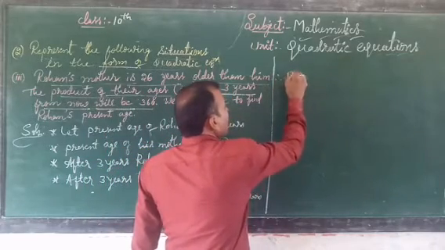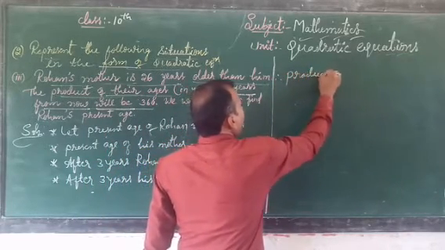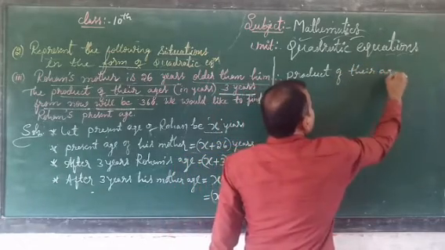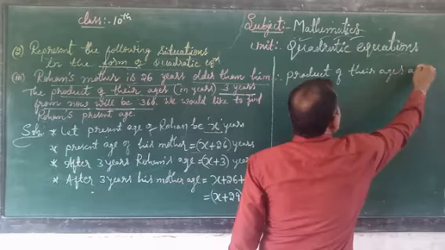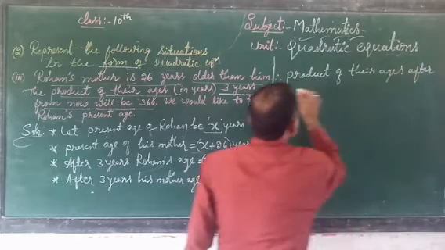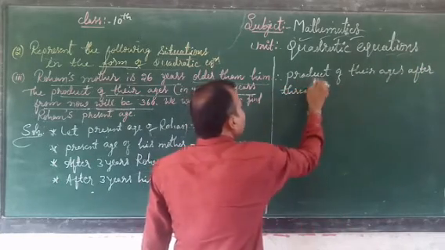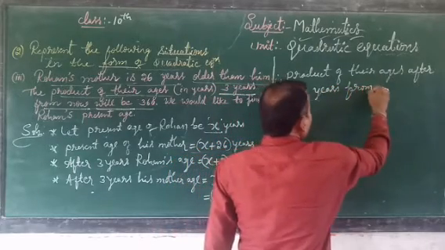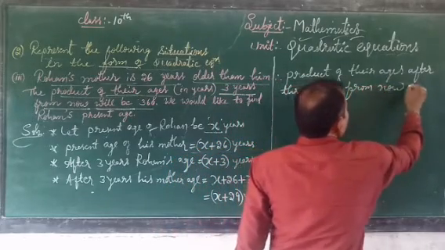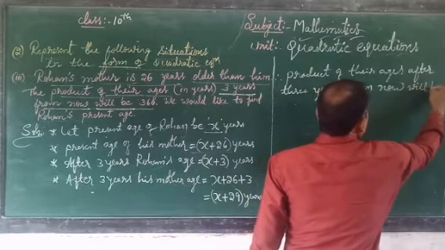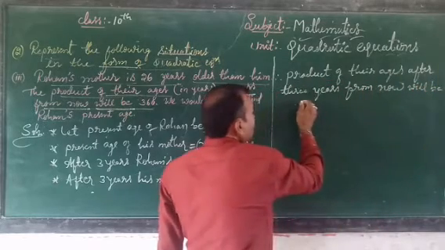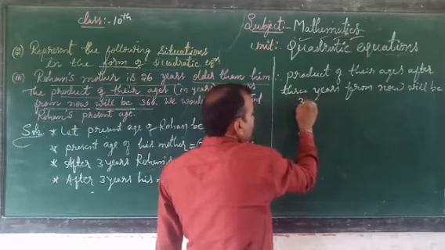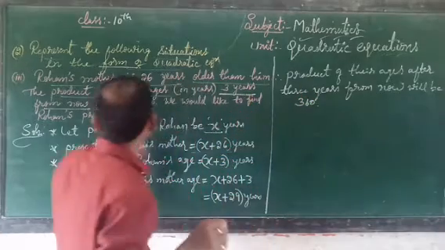Therefore, the product of their ages after 3 years from now will be 360.